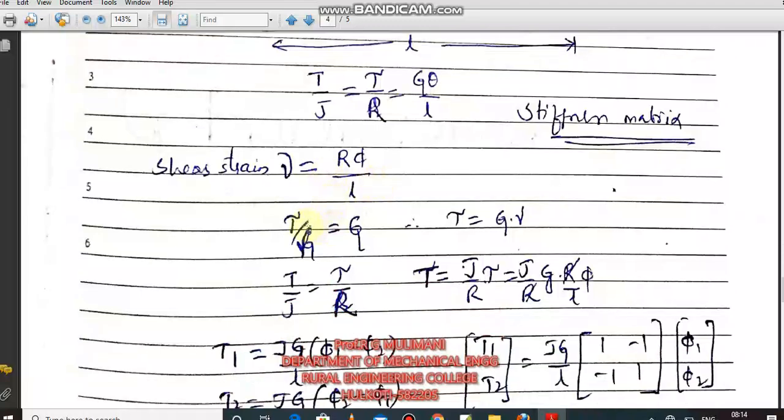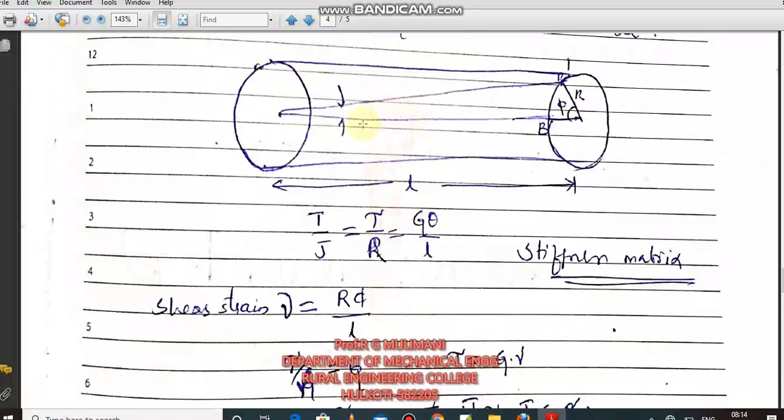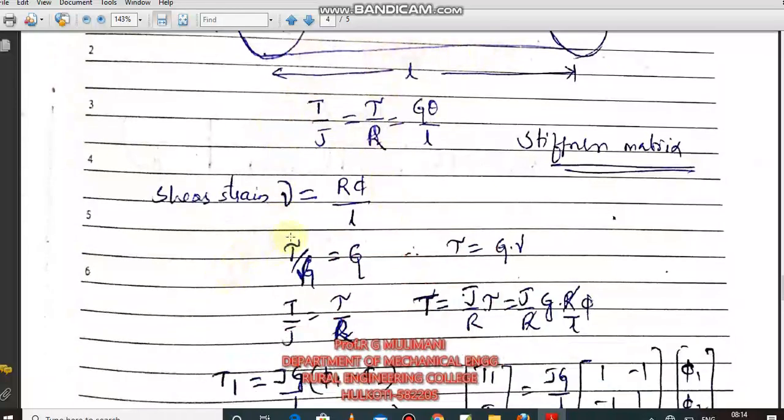We already know that linear stress divided by linear strain is equal to Young's modulus. But in the torsion of a shaft, shear stress divided by shear strain is the modulus of rigidity. So shear stress can also be expressed as G into gamma, where gamma is the shear strain, G is the modulus of rigidity, and tau is the shear stress.